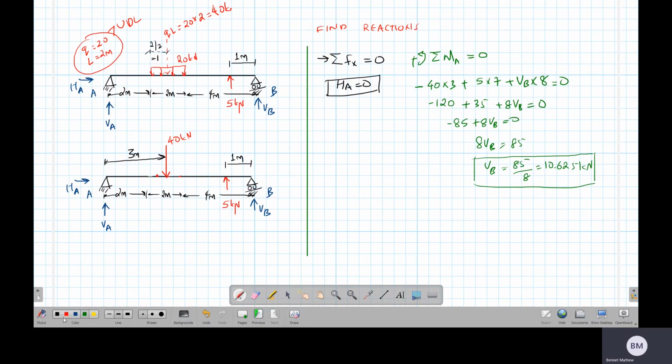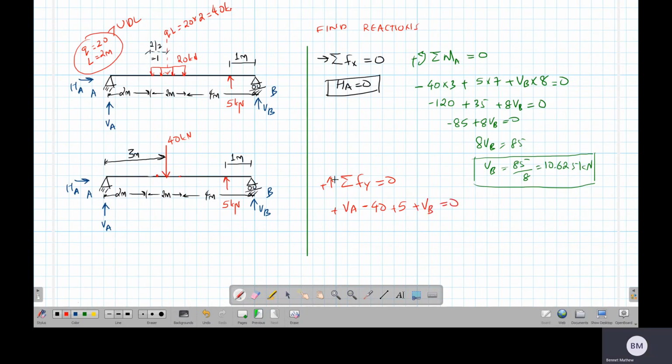Now what do we need? We have used two equilibrium equations. The third equilibrium equation is summation of all forces in y direction should be equal to 0. We will consider up as positive. Now we have a VA here, that is positive. We have a 40 here, that is negative. We have a 5 here, that is positive. We have a VB here, that is also positive.